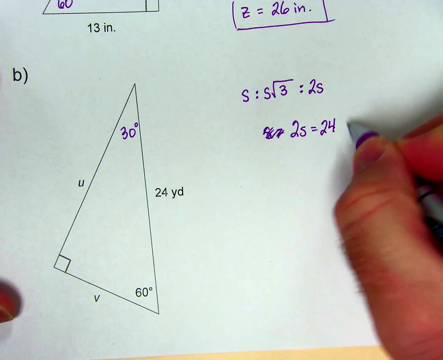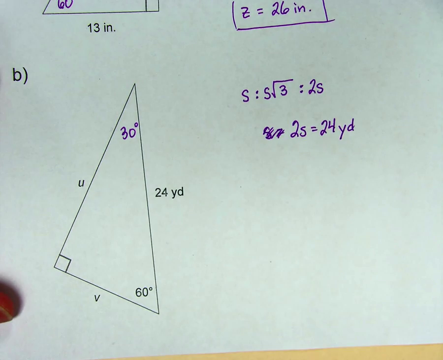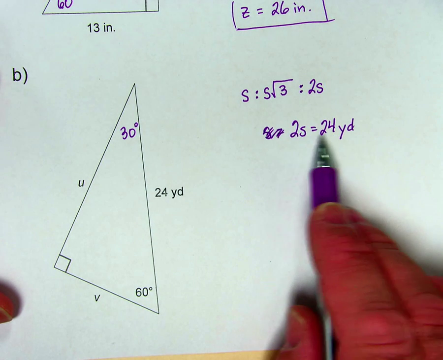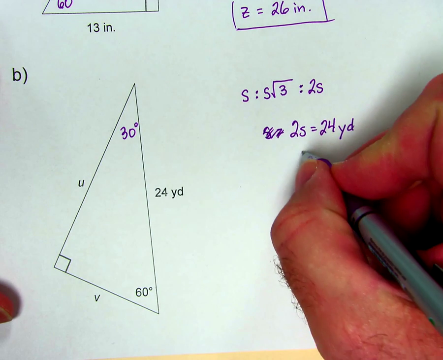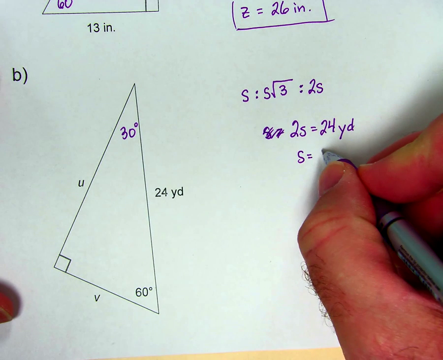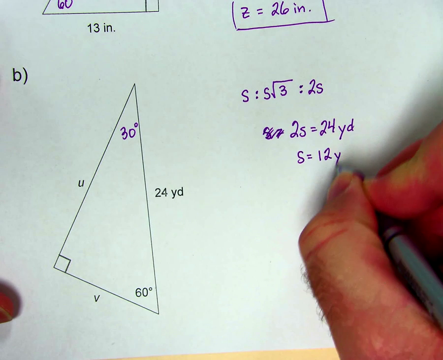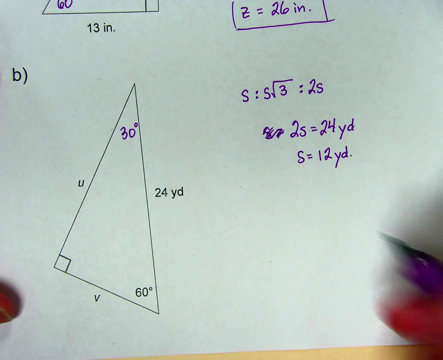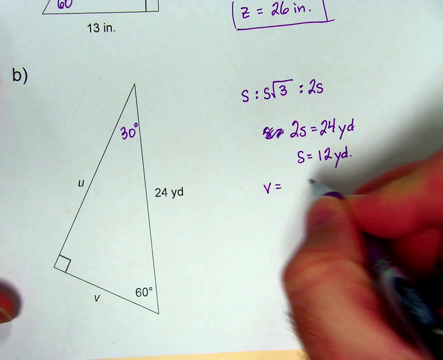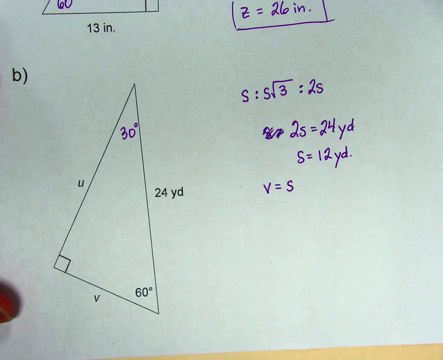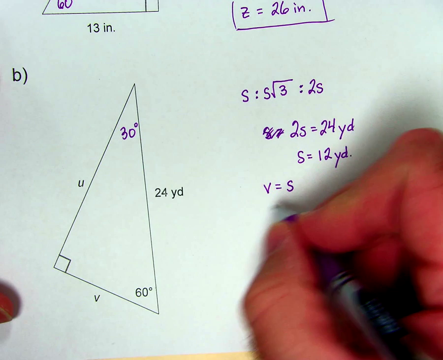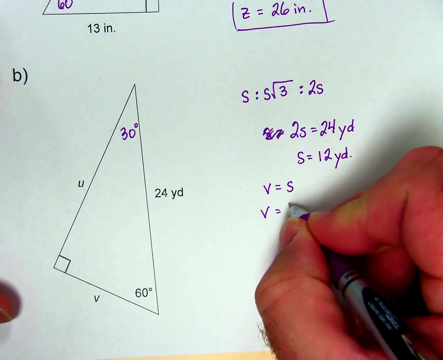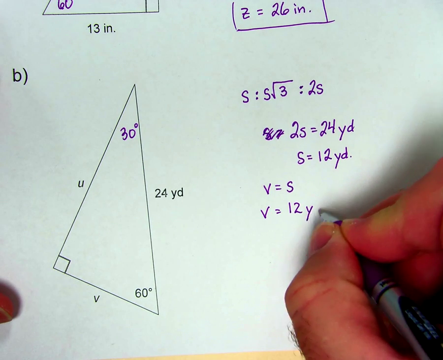So in this case, 2 times S is 24 yards. If I divide both sides of that by 2, now I know my shorter leg would be 12 yards in length. And so because V is the shorter leg, V is equal to S, so V would equal a length of 12 yards.